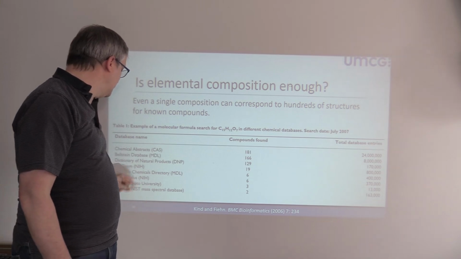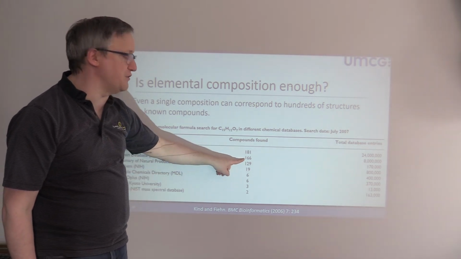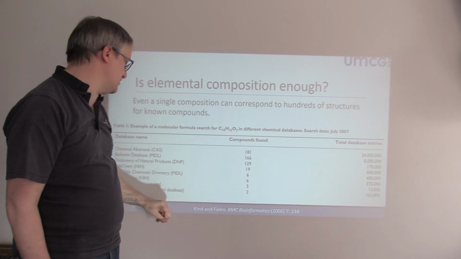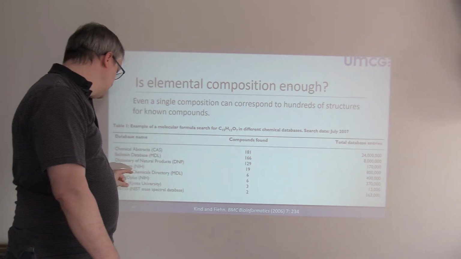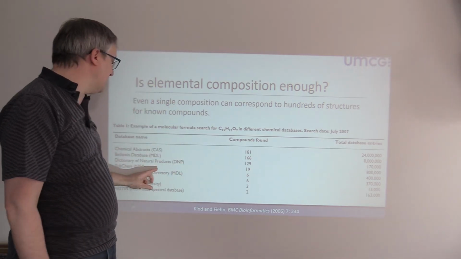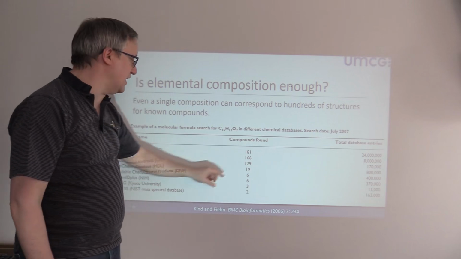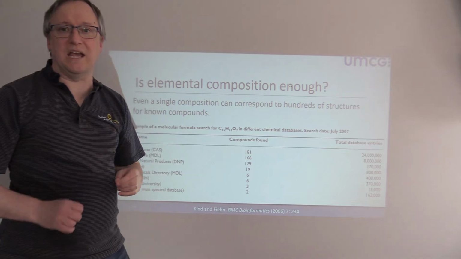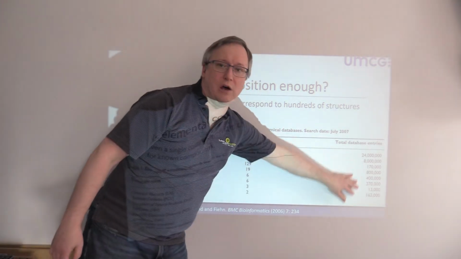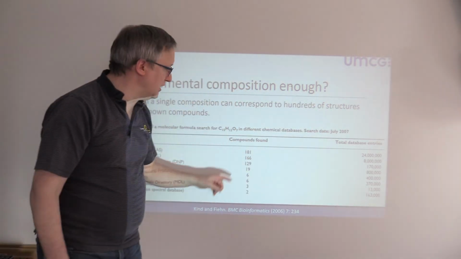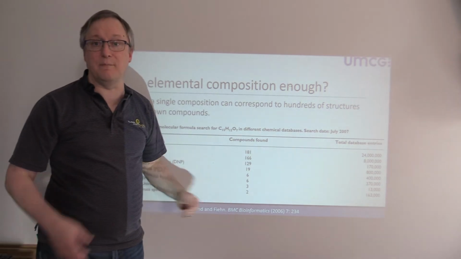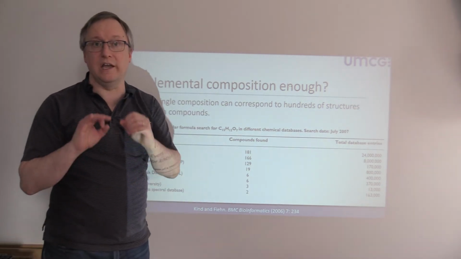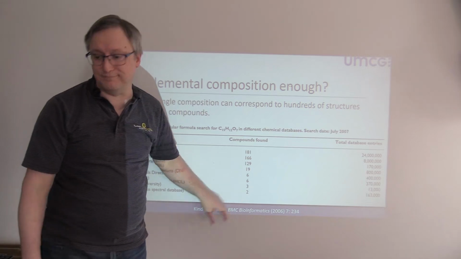When they went to the Beilstein database, they found 166 compounds with that composition. Sorry. The Dictionary of Natural Products, they found 129, and you can see as you move down the list that as the database size of all compounds gets smaller and smaller, the number of compounds that match exactly with this elemental composition shrinks as well.